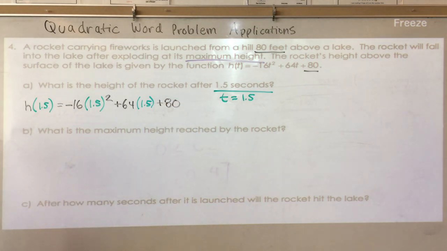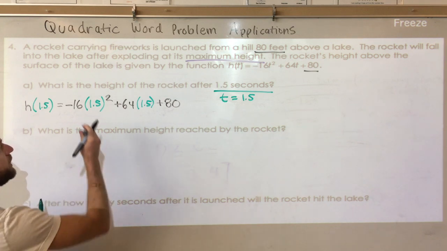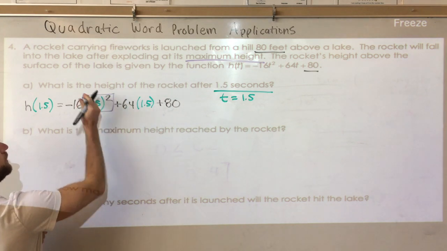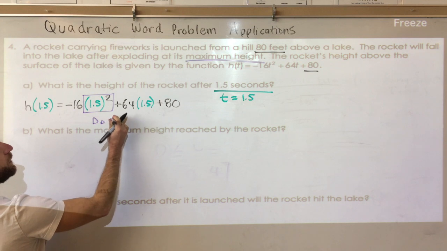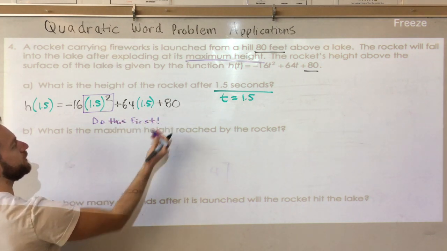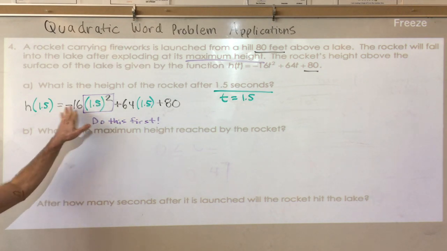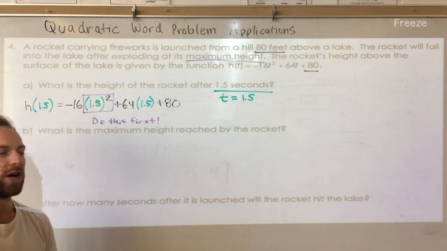Just make sure that as you simplify this, you do the square first, because you use your exponents before you multiply and add and subtract.